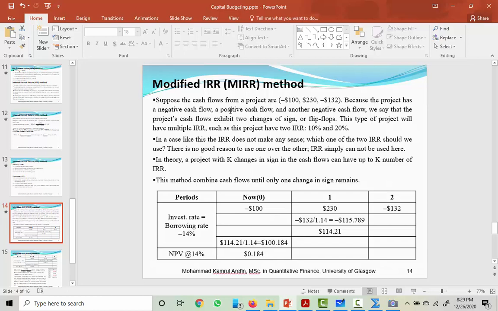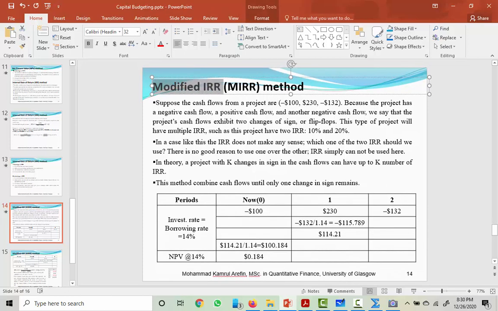That means IRR will be just meaningless in that case. So in such a case, if you have multiple changes in sign in the future cash flows, then we need to use modified IRR, or in short MIRR.